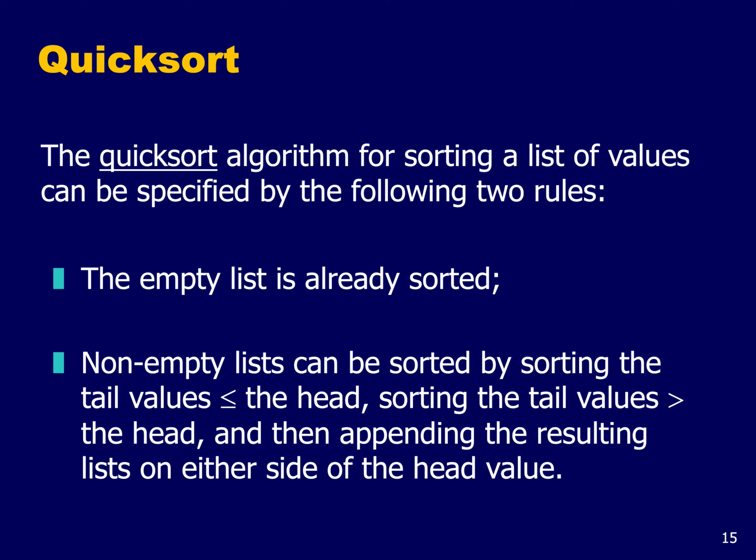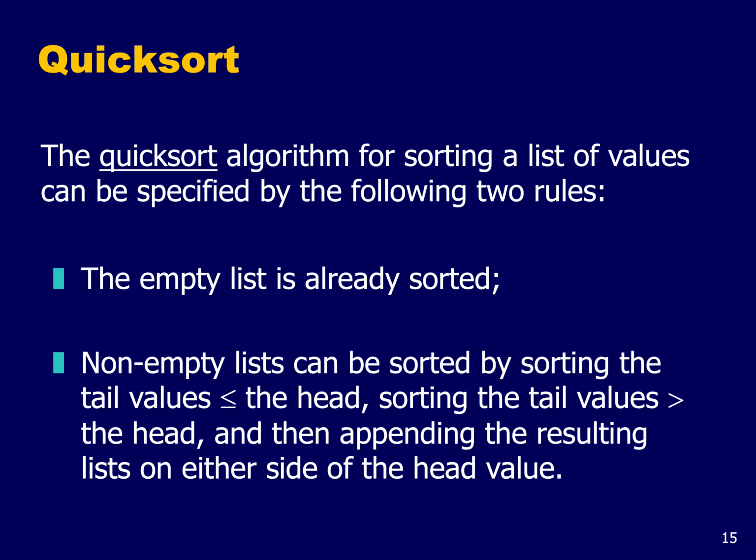So the quicksort algorithm for sorting a list of values can be specified by two simple rules in English. The first rule says the empty list is already sorted. That's going to end up being the base case for our definition. And the second case says, it's a bit of a mouthful, but let me try and say it.